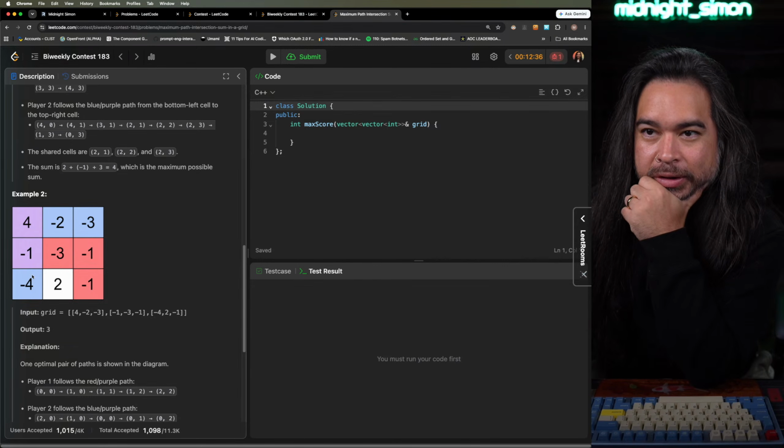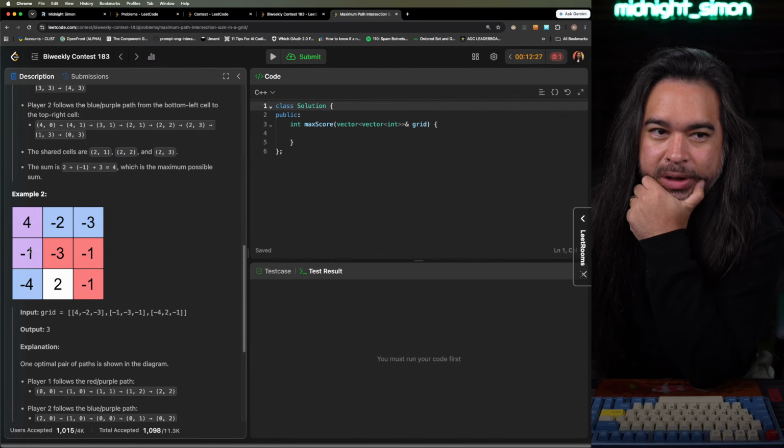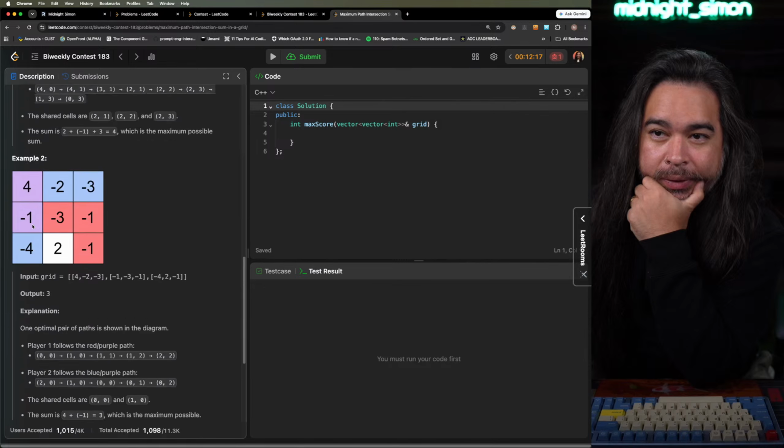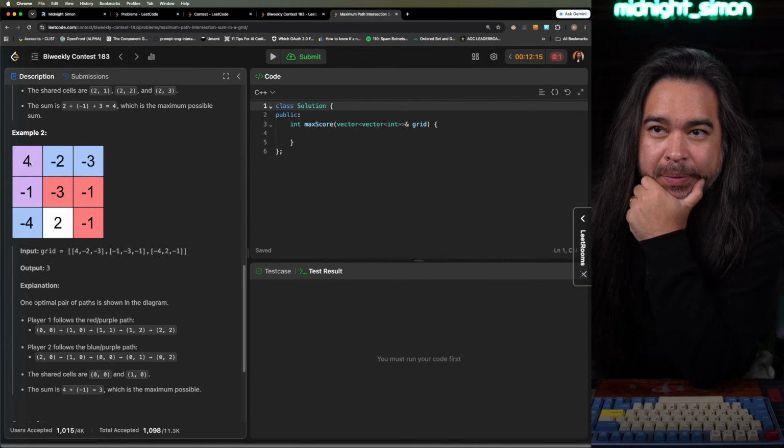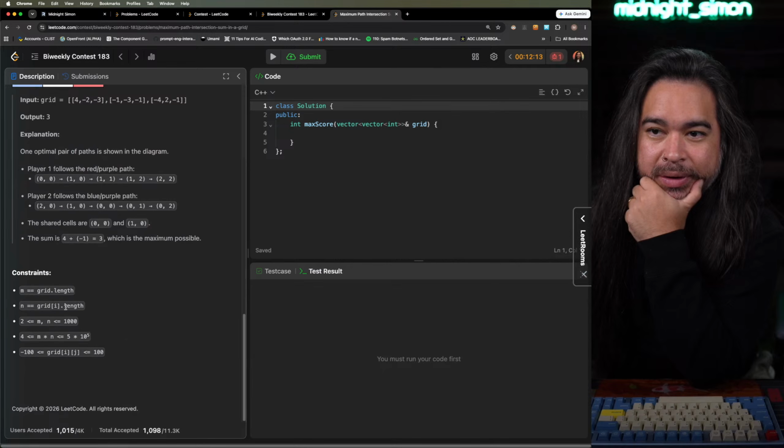No, because look, right here, they have the shared cells, not even a row, it's a column. Alright, so I suppose they could have a column as well.